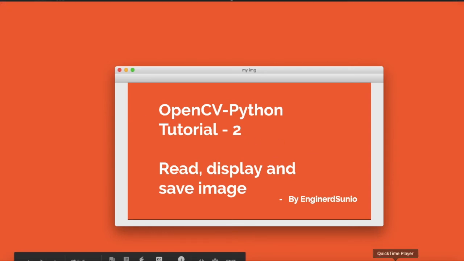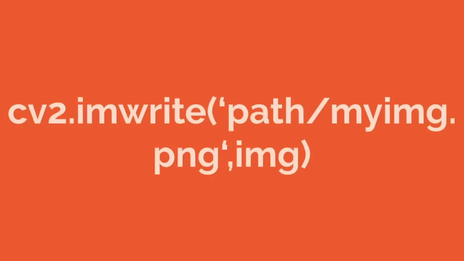Now let's learn how to store the loaded image back to the directory. The cv2.imwrite function is used to store the loaded image to a directory. The first argument is the name you want to store the image as. The second argument is the image variable itself.